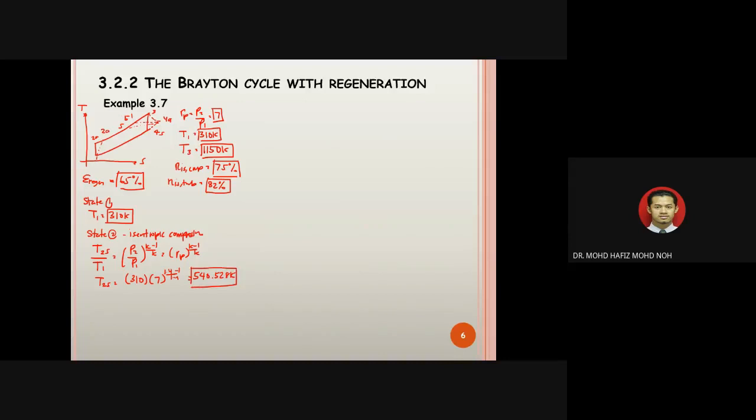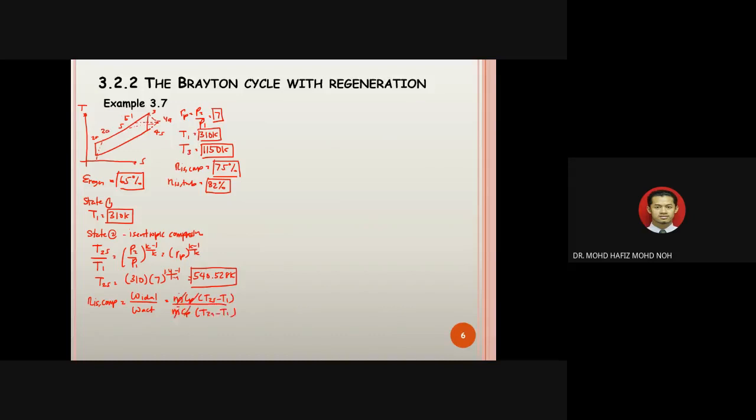Now you have to search for the value of T2 actual. By using the formulation of isentropic efficiency for the compressor, which is W ideal divided by W actual, that is m dot Cp (T2S minus T1) divided by m dot Cp (T2 actual minus T1).